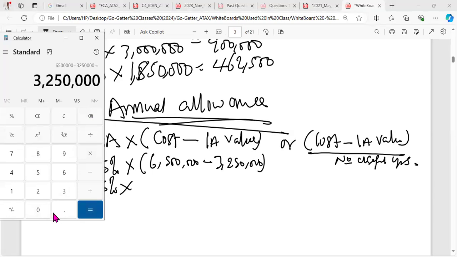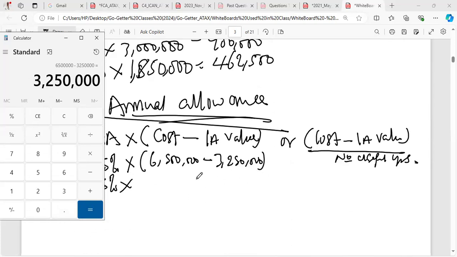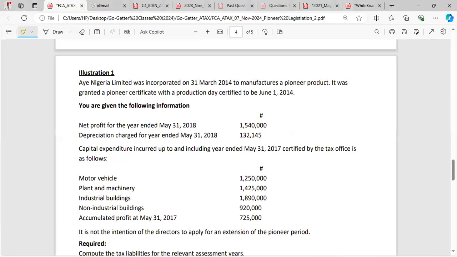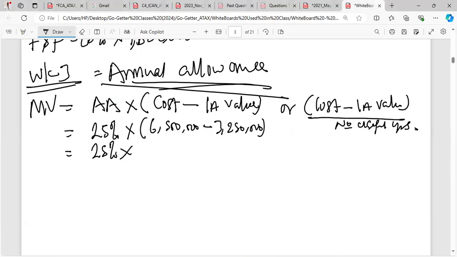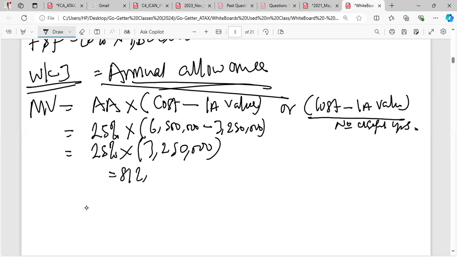That will give me 3,250,000, because we did it at 50% before, so 50% will give us the same thing. So this is going to give me 25% of 3,250,000. Times 0.25 gives 812,500. This is my annual allowance.